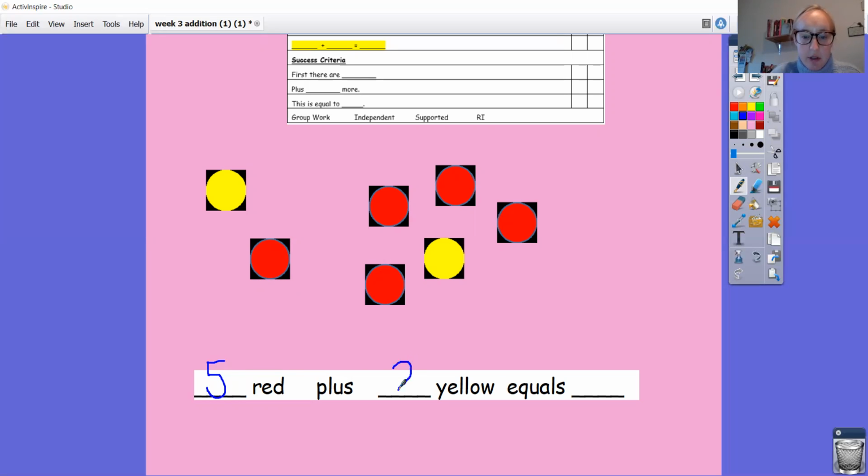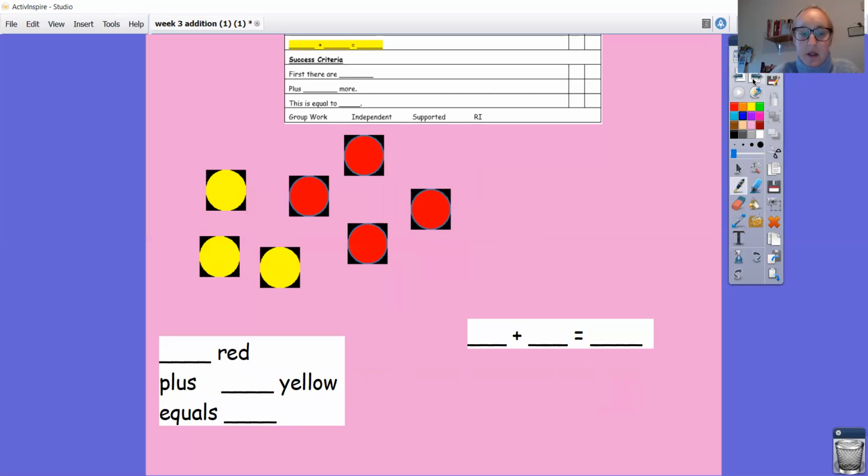Well done. So plus 2 yellow counters. And that is equal to 1, 2, 3, 4, 5, 6, 7. Okay, so we can say that 5 red plus 2 yellow equals 7. Say that with me. 5 red plus 2 yellow equals 7.